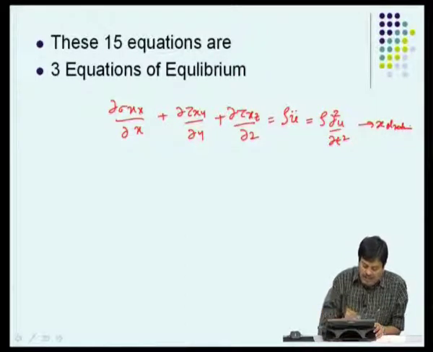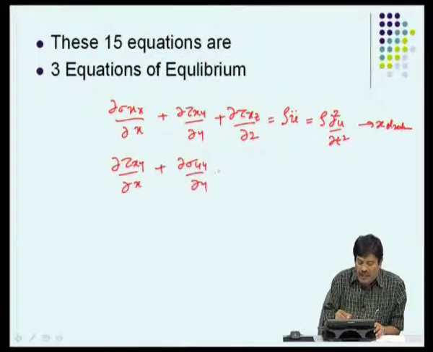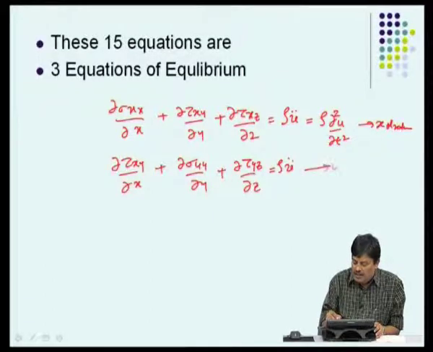Similarly, we have d tau xy by dx plus d sigma yy by dy plus d tau yz by dz, which will be equal to rho into v double dot. This is the y direction.